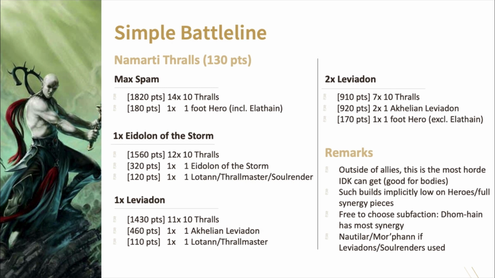So some remarks. Outside of allies, like Cities of Sigmar units that are like 80 points for 10 guys, this is the most Horde IDK can get, which is good for bodies. Such builds are implicitly low on heroes and full synergy pieces, so as I mentioned, you'd have to swap some things out. You're free to choose your sub-faction on this one since it's simple battle line. But Domhain has the most synergy.